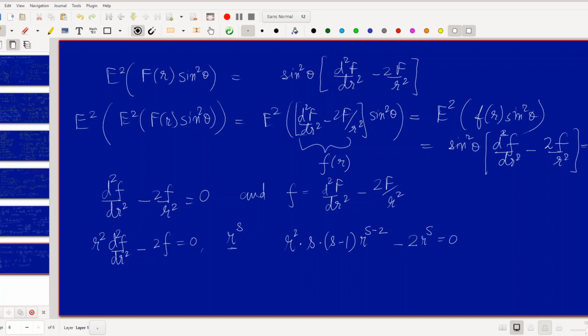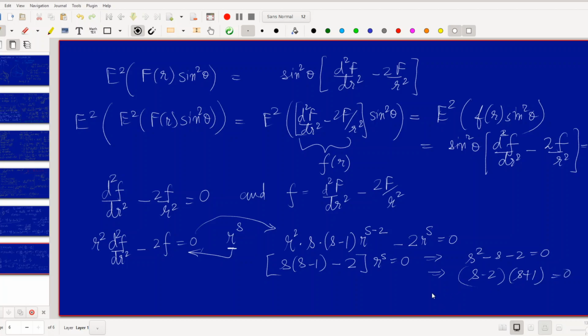If you substitute this in this equation, we obtain this. And so it becomes s times s minus 1 minus 2 times r to the power s equals 0, which implies s square minus s minus 2 equals 0, which implies s minus 2 times s plus 1 equals 0, which implies that s equals 2 and s equals minus 1.